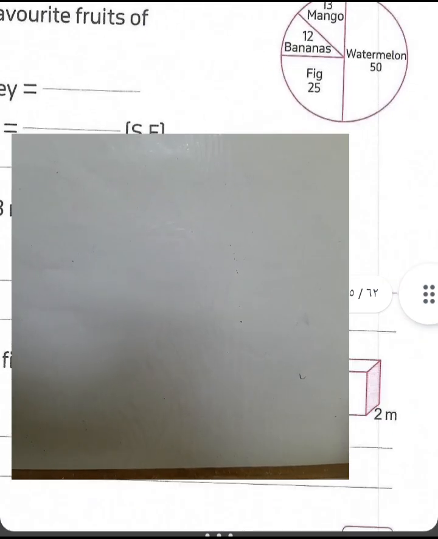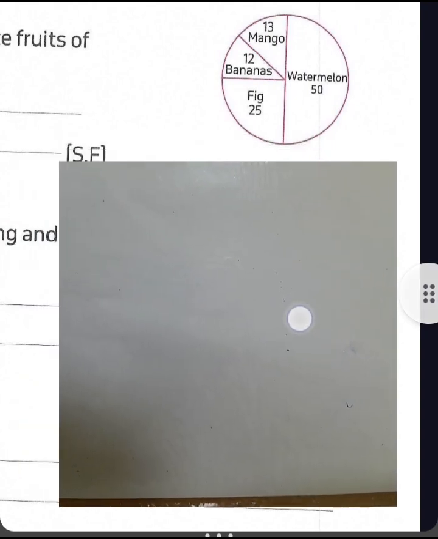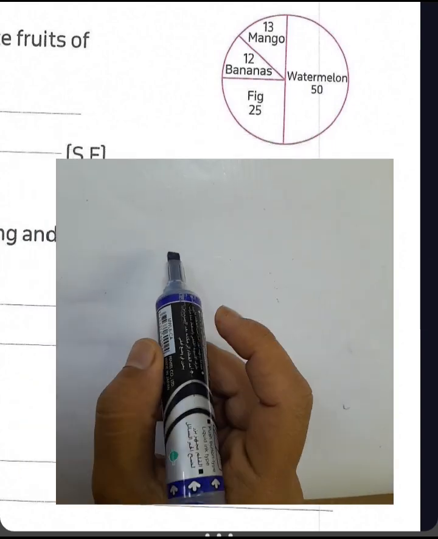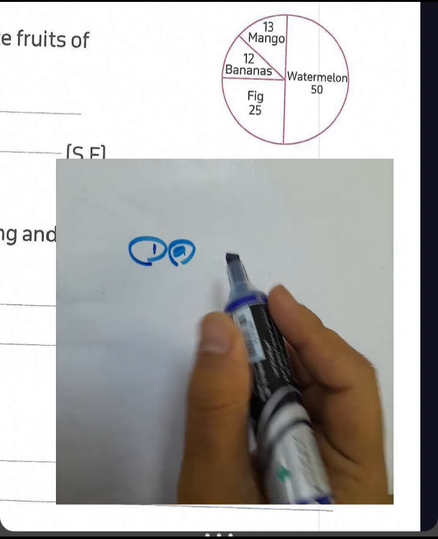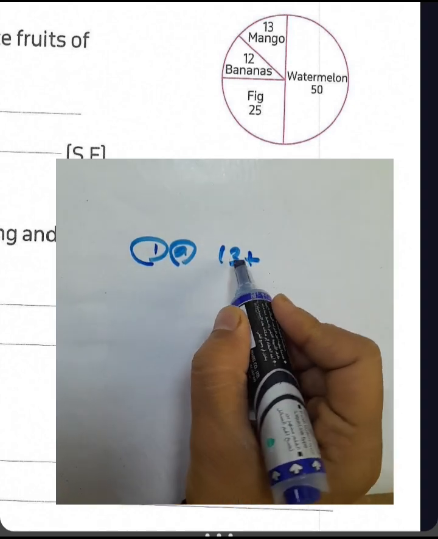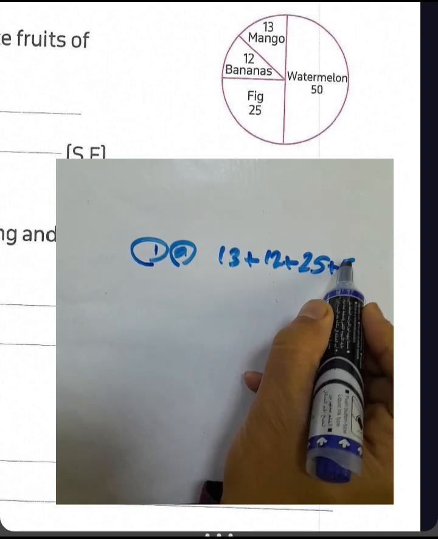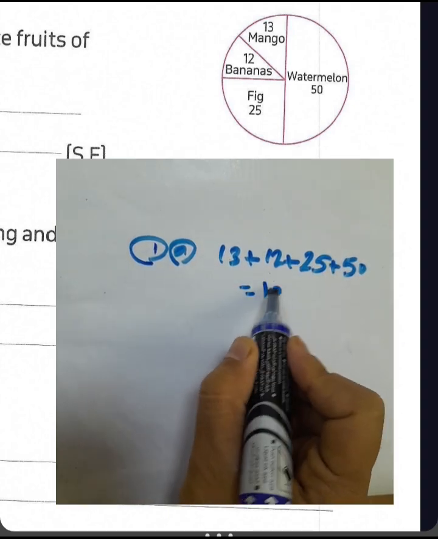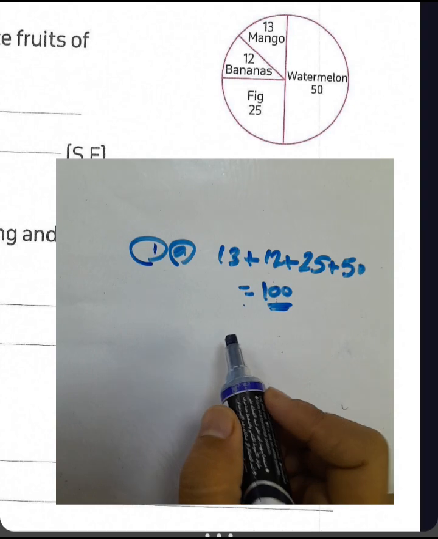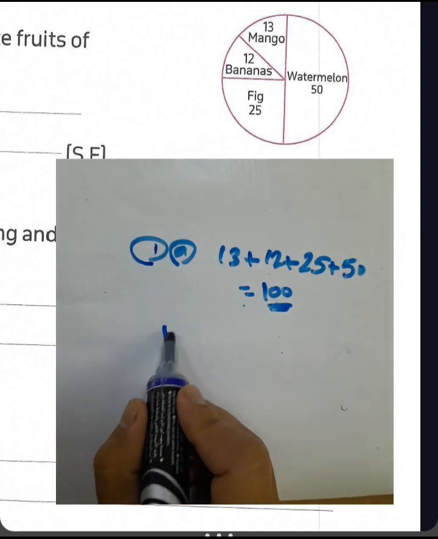Look here, we can add them: 13 plus 12 plus 25 plus 50. The result will be 100. Result here 100. Question, letter B.